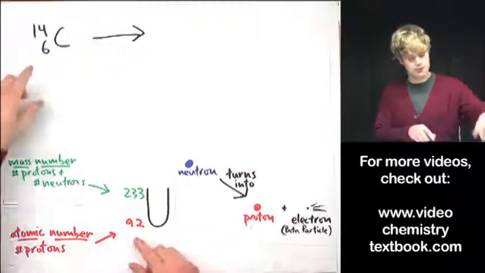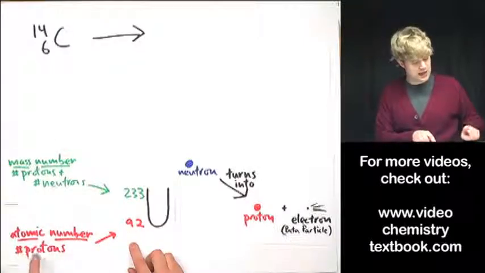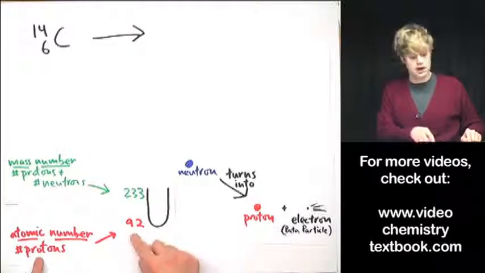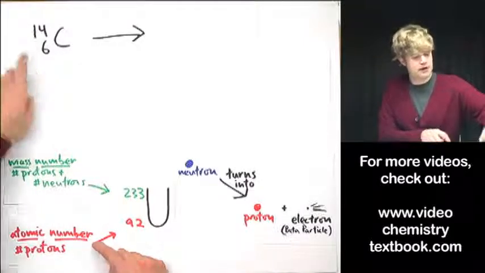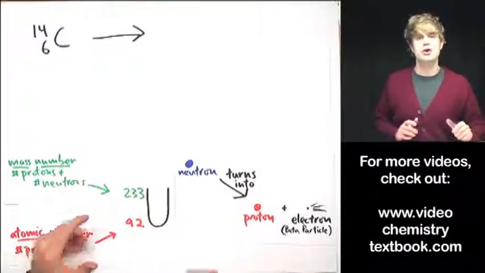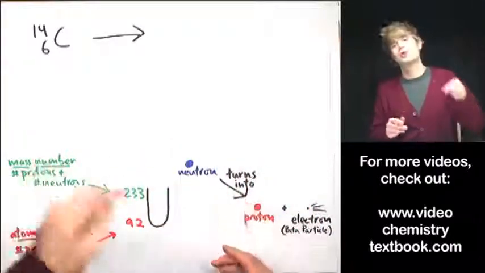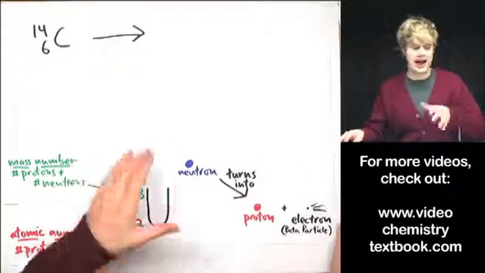Then there are two numbers to the side. The lower number is the atomic number, which is the number of protons. The number up here is the mass number, which is the number of protons and neutrons. We need both to figure out what we get after a radioactive decay event.